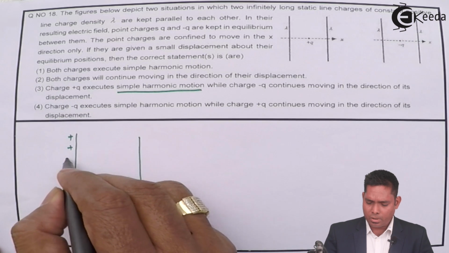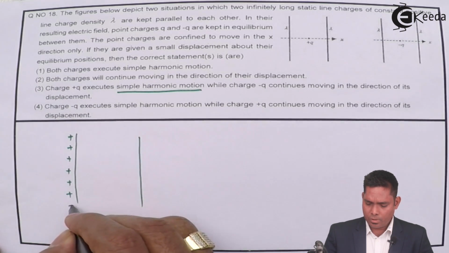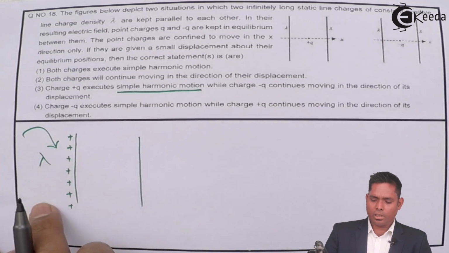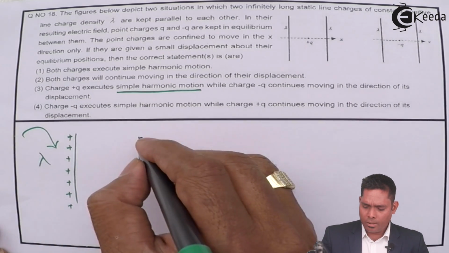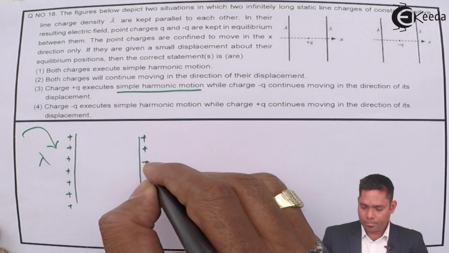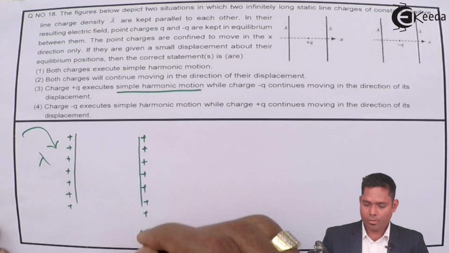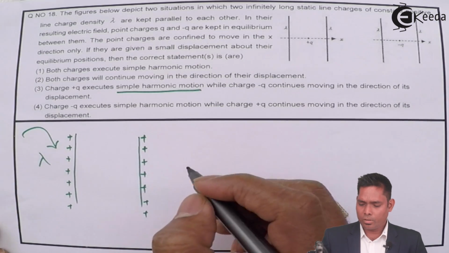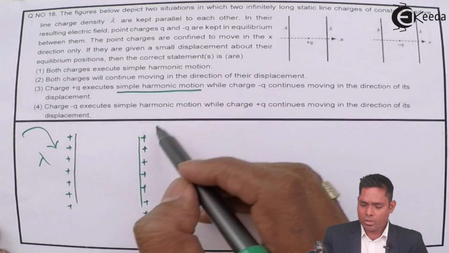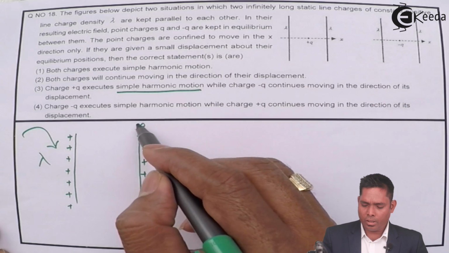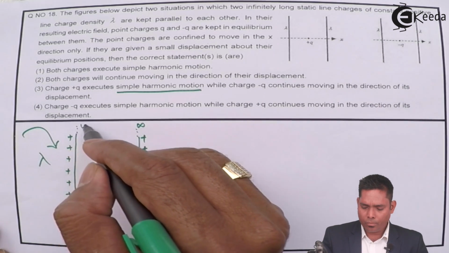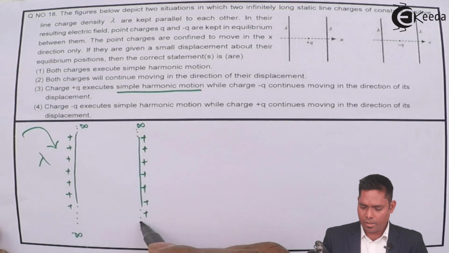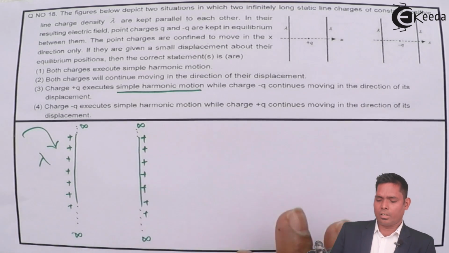So constant positive charge. Here this is lambda coulomb per meter. That is the linear charge density of this. This is also having lambda linear charge density. This is infinitely long. This goes up to infinity. This also goes up to infinity. This side infinity, this side infinitely long.